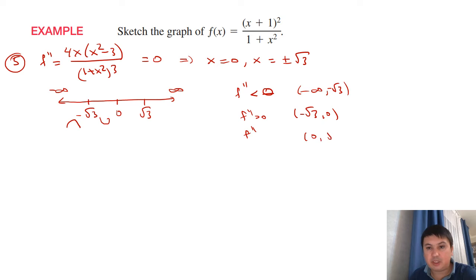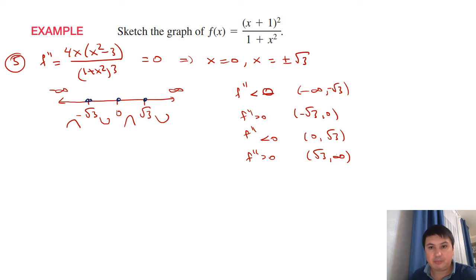What happens between 0 and square root of 3? If it's bigger than 0, x is positive, but x squared is still less than 3, so this becomes negative. So here I get concave down, and then we have concave up from square root of 3 onwards. Okay, what else? Well, we see that concavity changes at these points, right?